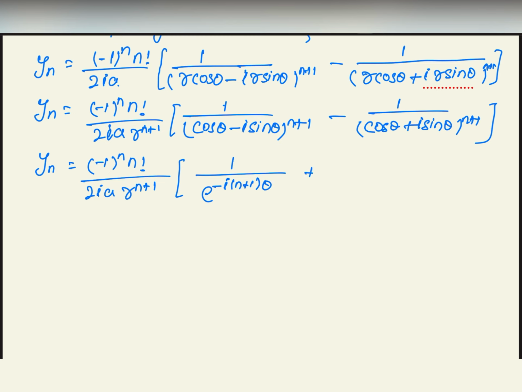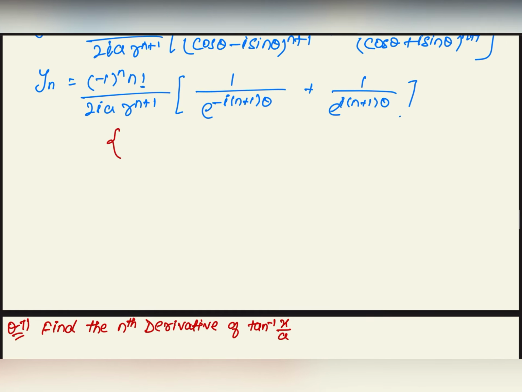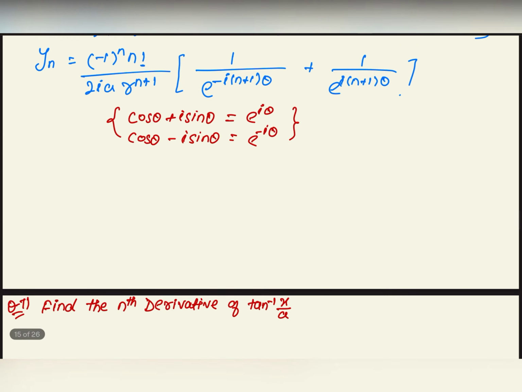Similarly, it is reduced to 1 by e to the power i n plus 1 theta. आपके मैं यहाँ पे लिख दे रहा हूँ, ये ऐसे होगा: cos theta plus i sin theta is equals to e to the power i theta. Cos theta minus i sin theta is equals to e to the power minus i theta. So इसलिए यहाँ पे ये इस तरीके से मैं लिख दिया.